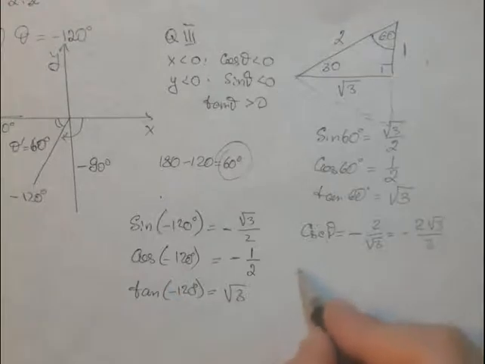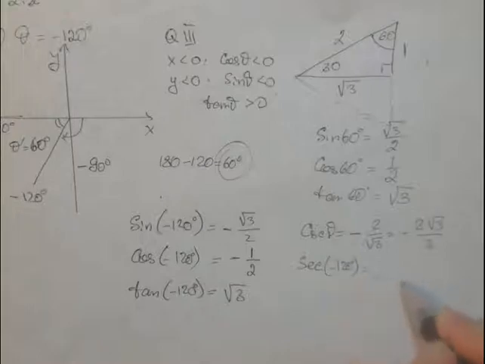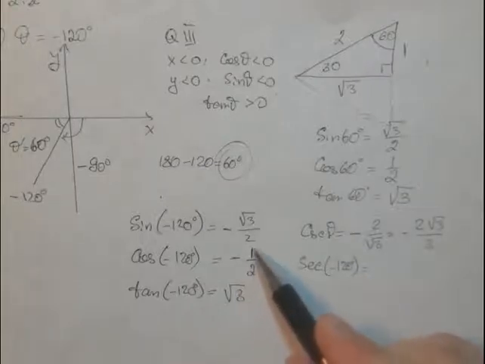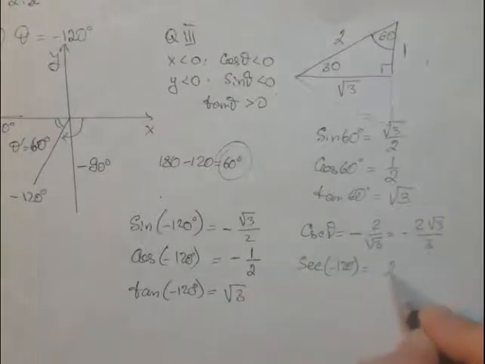The reciprocal of cosine is secant of negative 120 degrees. Reciprocal of 1/2 is 2, and it is also negative. Reciprocal function of tangent is cotangent of negative 120 degrees.